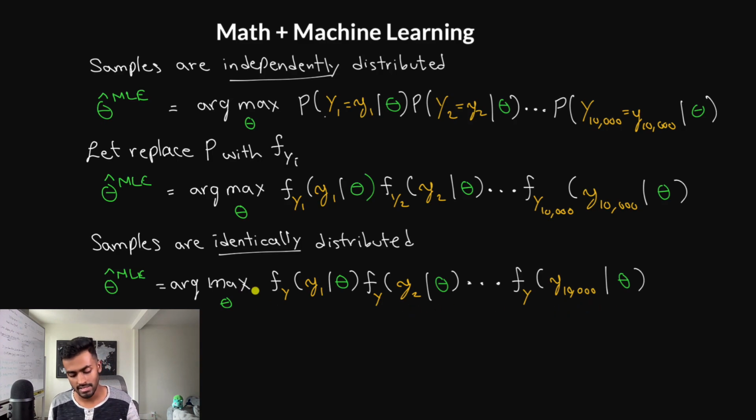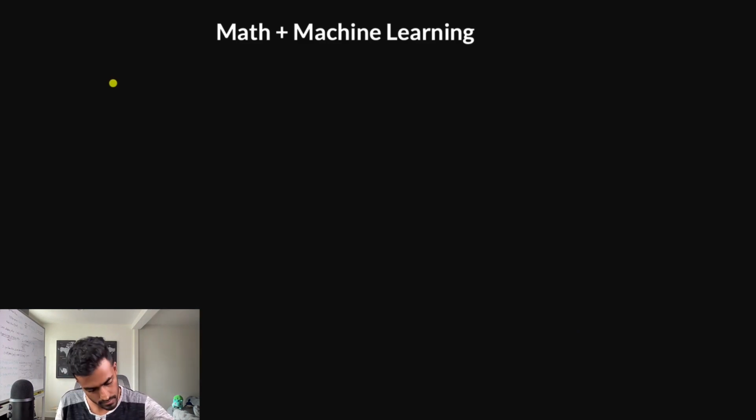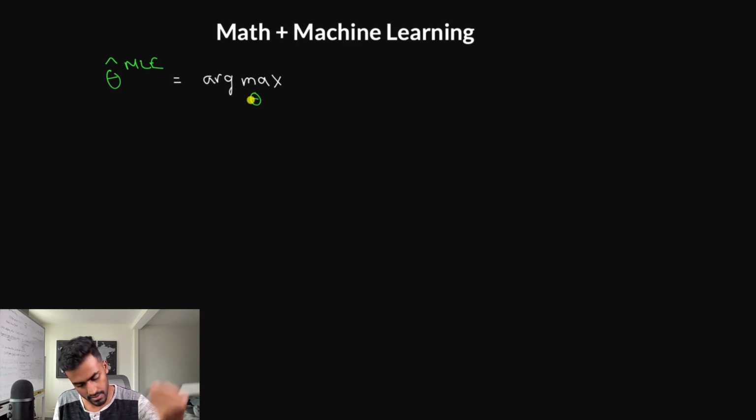So let's write this in a much more concise form with product notation. So that's theta hat MLE. This is going to be equal to argmax of theta. And we're going to introduce the product notation over here, which looks like a huge pi symbol.